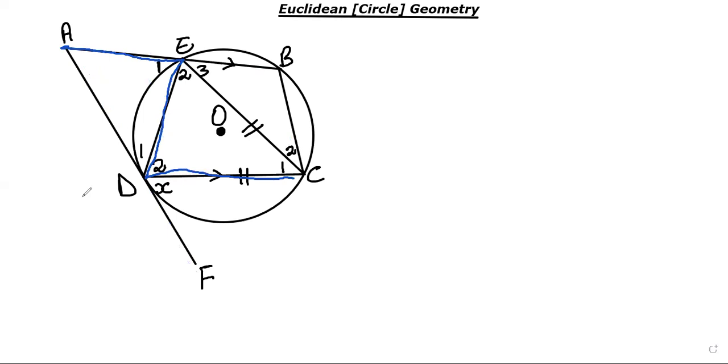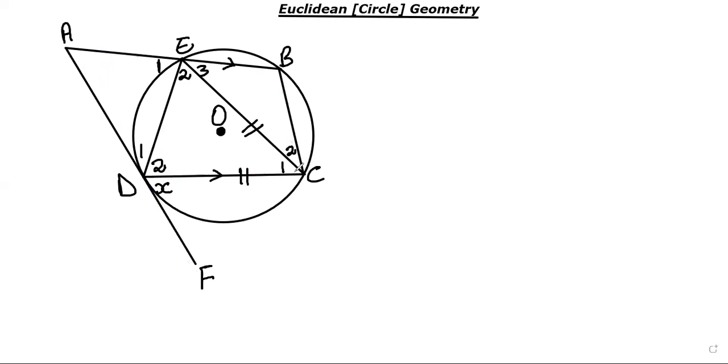And we also know that if lines are parallel, then the sum of these two angles will be 180 degrees because they're co-interior. The sum of these two angles is also 180 degrees because they're co-interior as well.